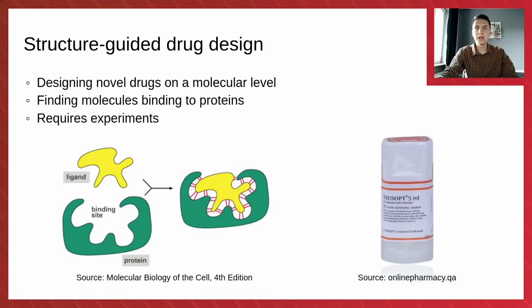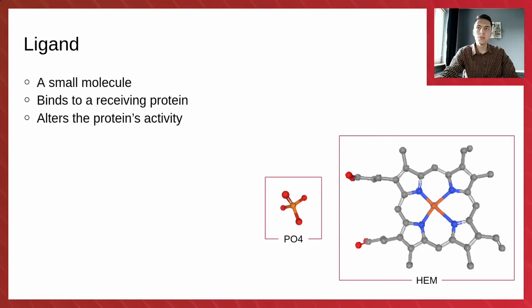During structure-guided drug design, an important step is to properly label binding molecules. The small molecules that bind to proteins are called ligands. Ligands can be either single atoms or groups of a few or even dozens of atoms.